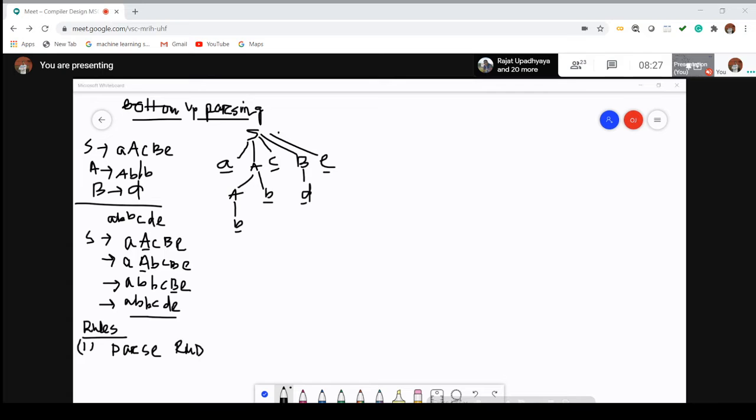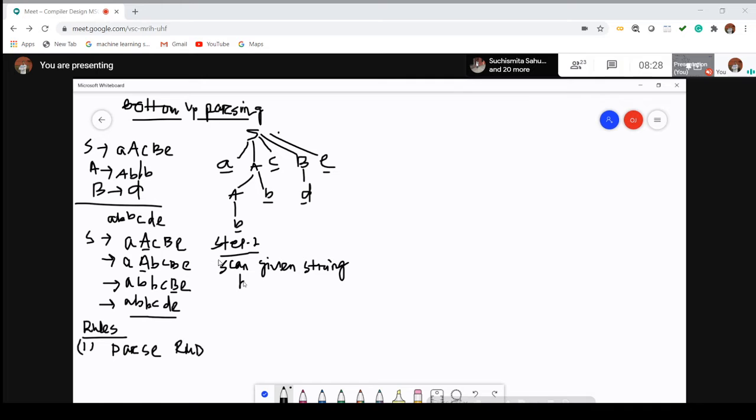Now step number 2. You have already constructed the parse tree in step number 1, so we will move to step number 2. Scan the given string from left to right.